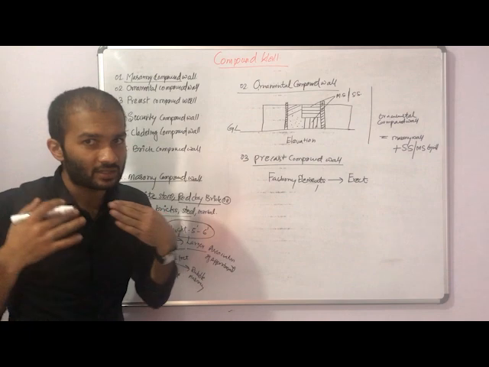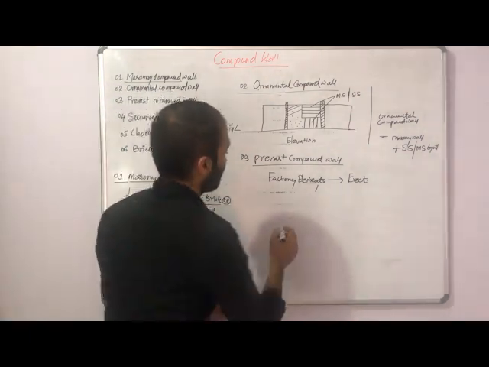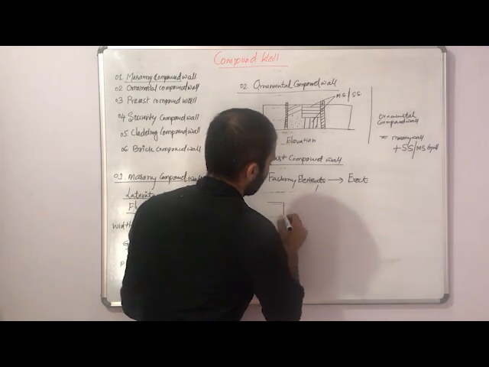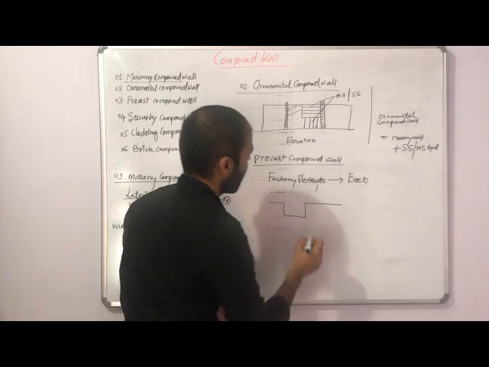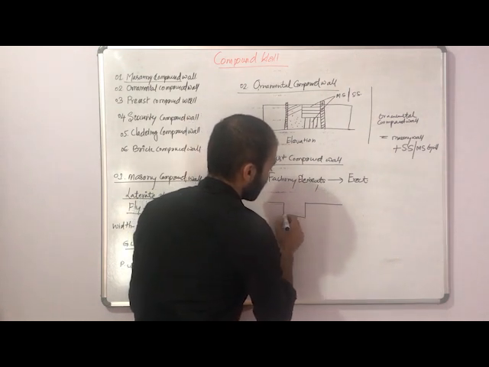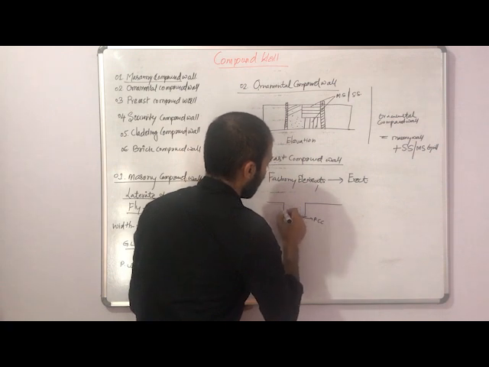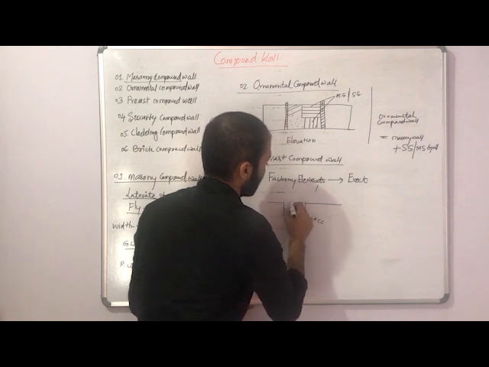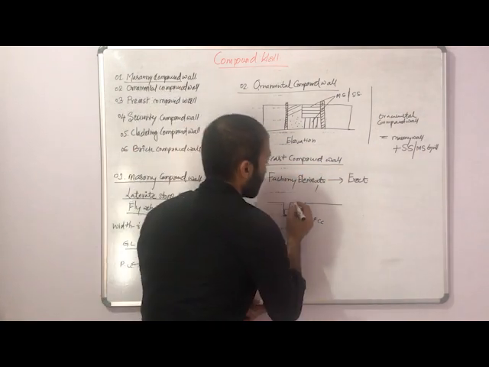So before starting the compound wall or erecting the things, we need to do a proper foundation for that, correct? Say for example, I'm taking the cross section of this kind of compound wall. In this condition, my PCC will come around, and again I will find some bed, and this could be the kind of foundation I will find. This is RCC, correct? So in the precast compound wall, we will find some dowels, okay?